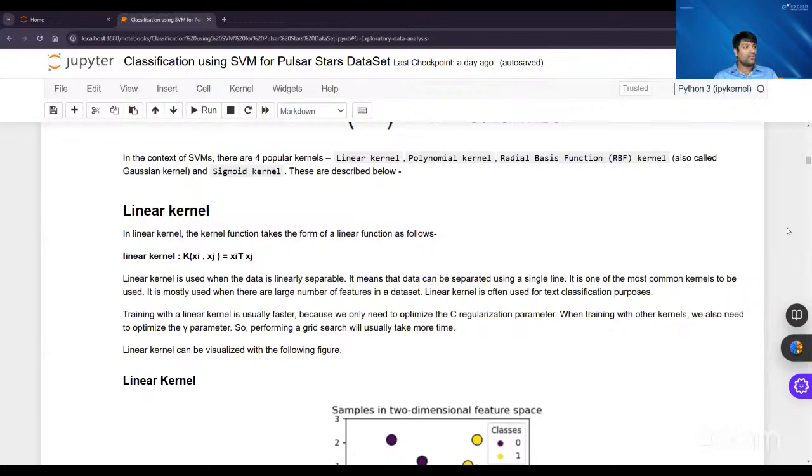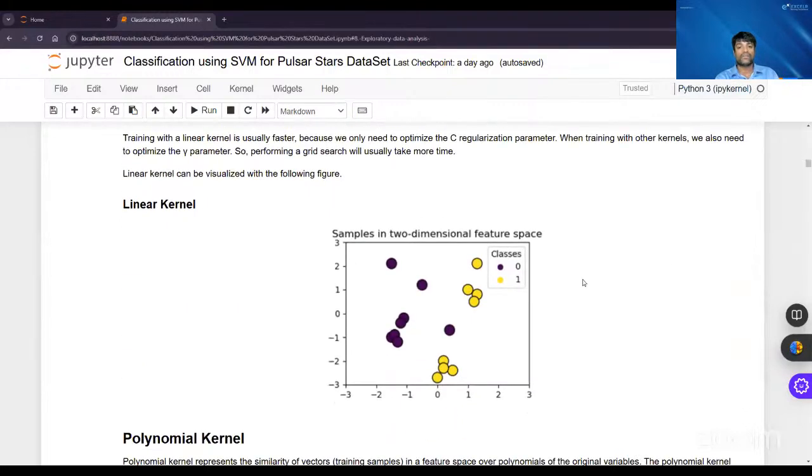That is why understanding SVM is very important, because in text classification, text mining or natural language processing, we use certain algorithms implemented in machine learning. One of them is SVM. Now let us see the diagram for a linear kernel. This is just a small example for two-dimensional data.